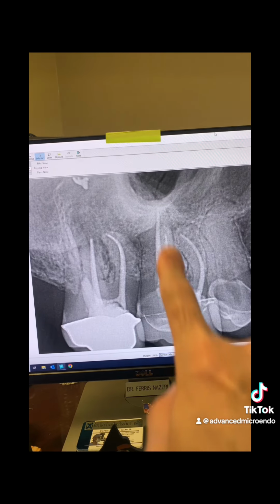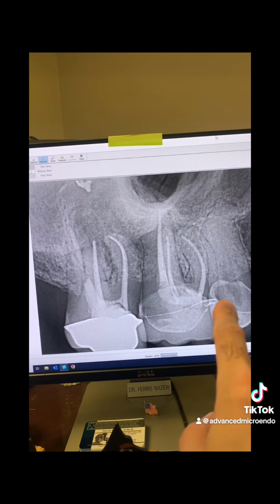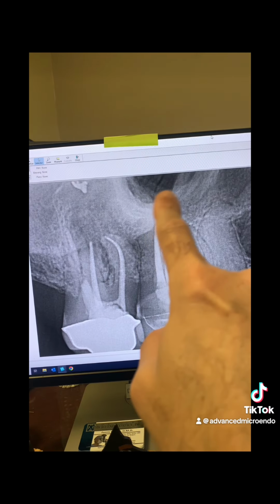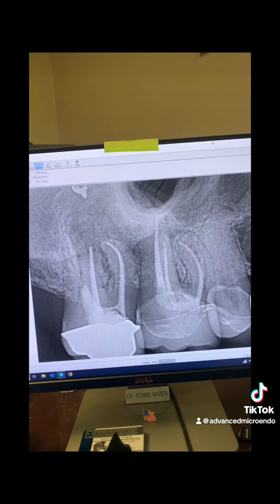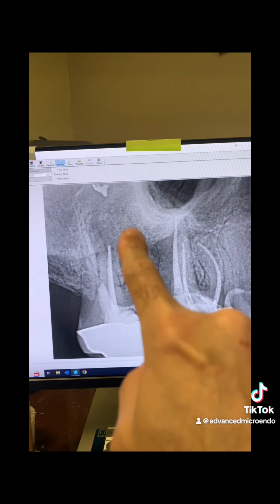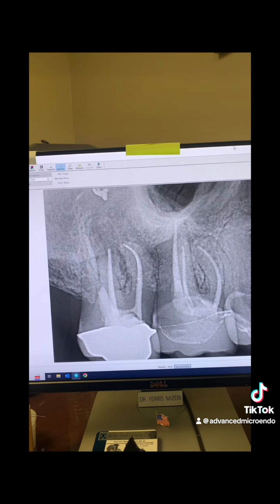So, to look at tooth number 3, crown here, of course, previous root canal, small periapical lucency there. Look at tooth number 2, crown, previous root canal, periapical lucency. That's a post right there.